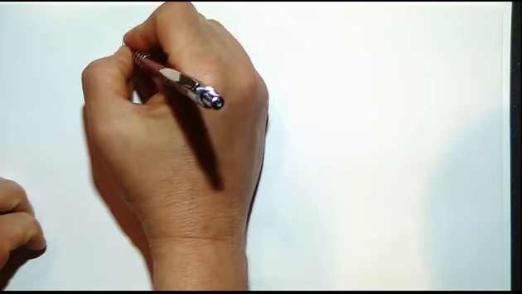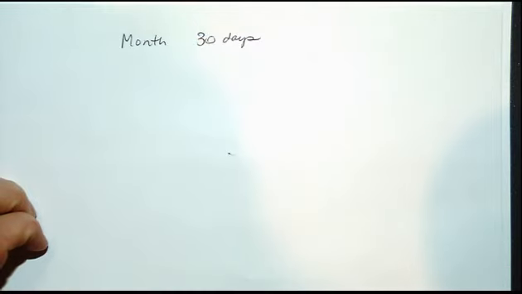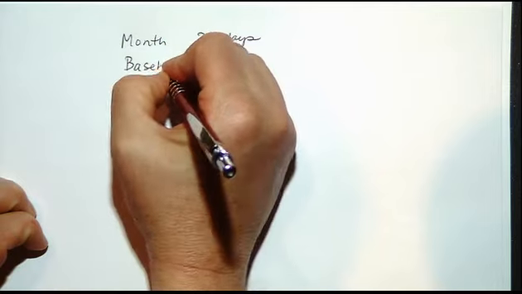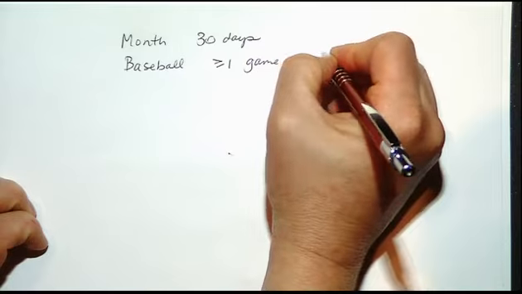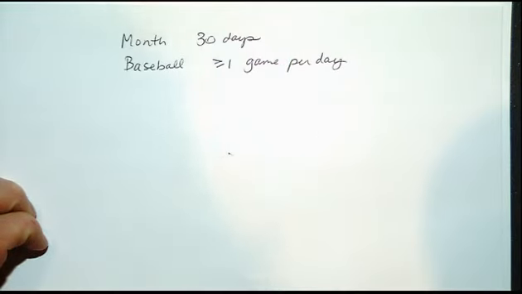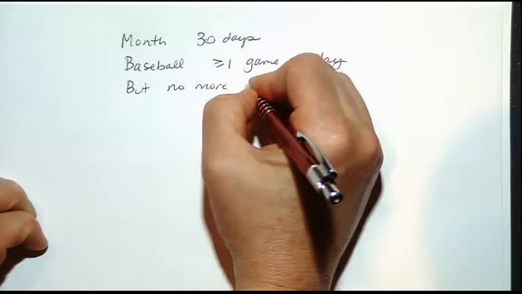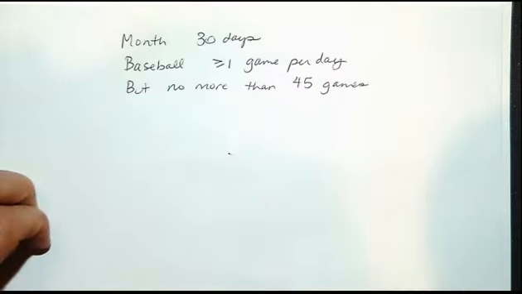I think when he was younger, people talked about baseball a lot more than they do now. So here's a baseball problem. Okay, so we have a month with 30 days, and a baseball team plays at least one game a day, but no more than 45 games. They can play a lot because they're mostly standing there, right?